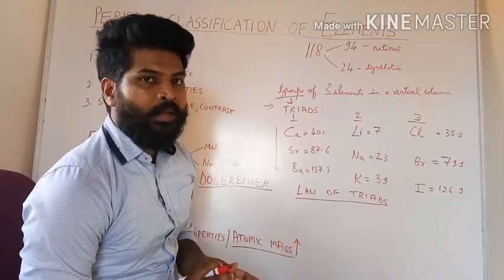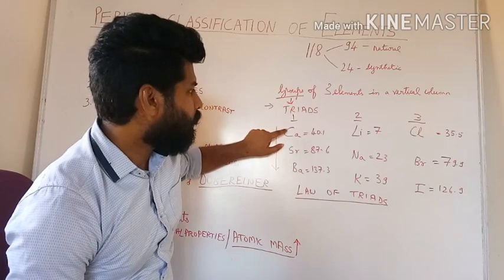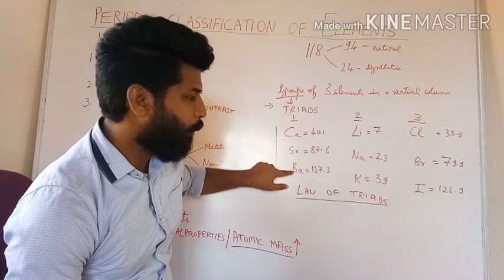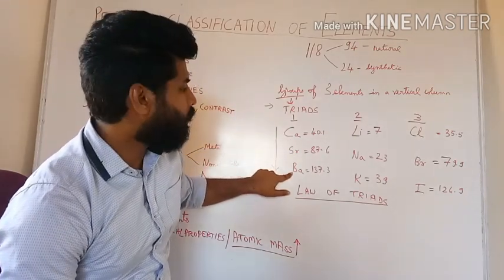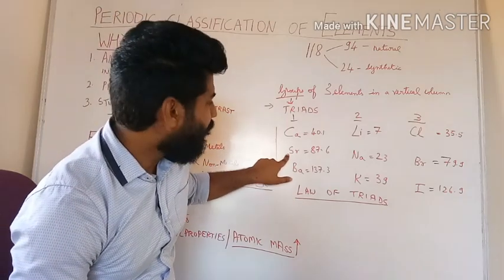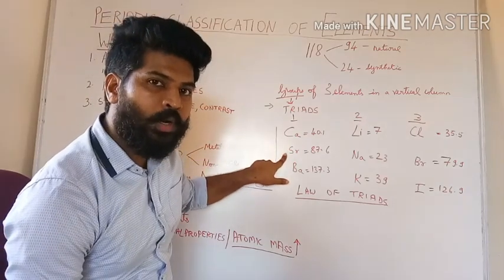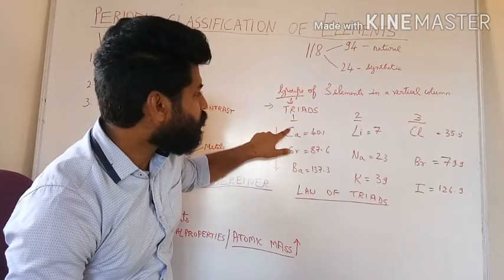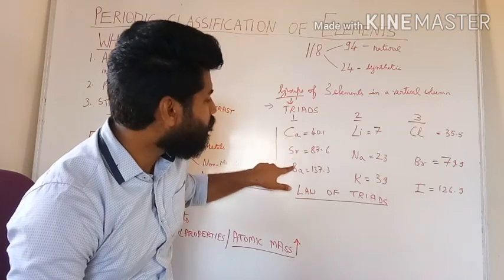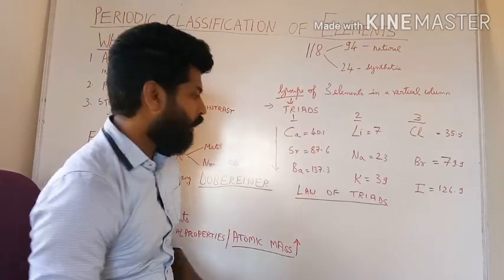He observed that when we arrange the elements in the increasing order of atomic masses, the atomic mass of the middle element will be roughly equal to the average atomic mass of the first and the third element, which is what is called as the law of triads.